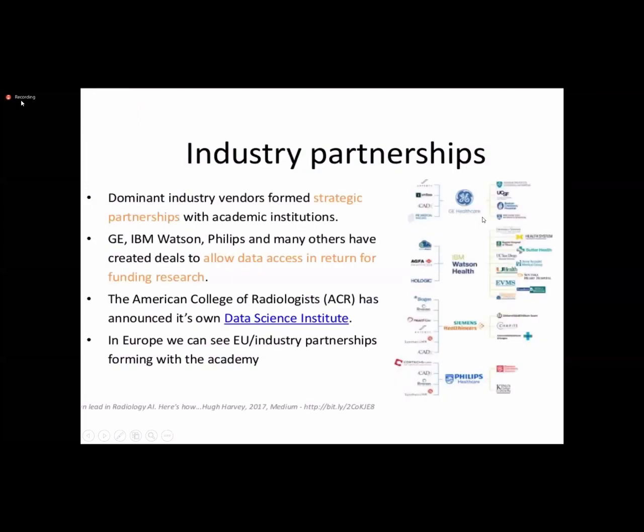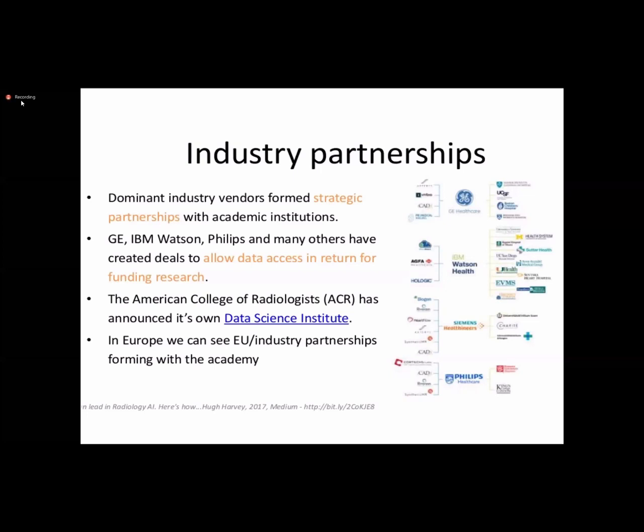So nowadays big industries are also putting their steps into artificial intelligence to increase their equipment performance and results in the medical era. Now the dominant industry vendors like GE, IBM, Philips, and many others have formed strategic partnerships with academic institutions and are investing in artificial intelligence systems.